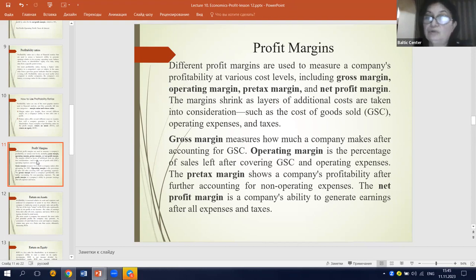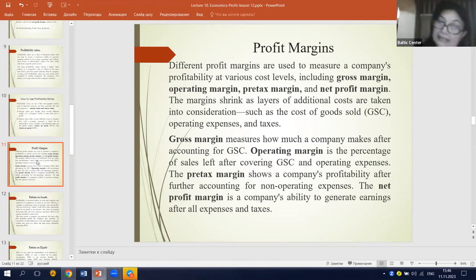The gross margin measures how much a company makes after accounting for the cost of sold goods. The operating margin is a percentage of sales left after covering the cost of sold goods and operating expenses.